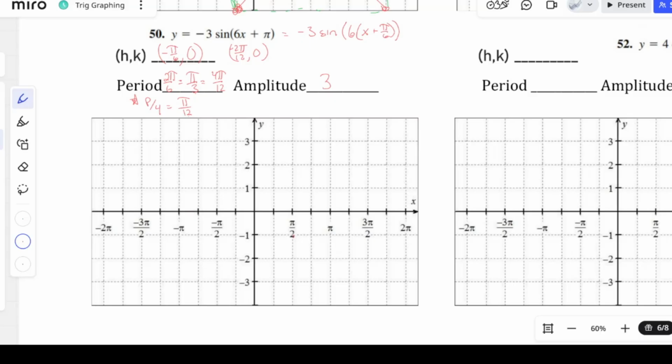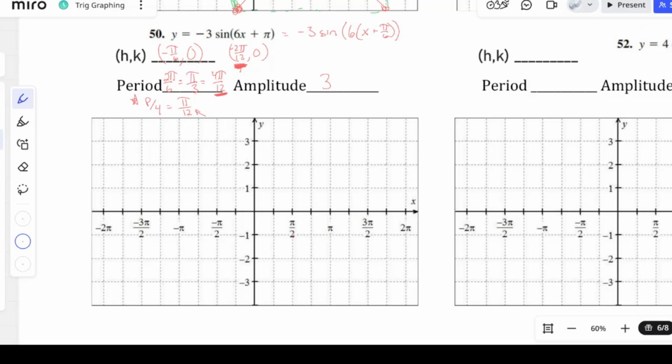All right, so now I'm going to choose my scale, mostly based on the period, this new period with that denominator, and h. And I'm mostly looking at just the 2 and the 4. So I'm going to choose block sizes of pi over 12. So this will represent 2 blocks. This will be 4 blocks in the positive direction. All right.